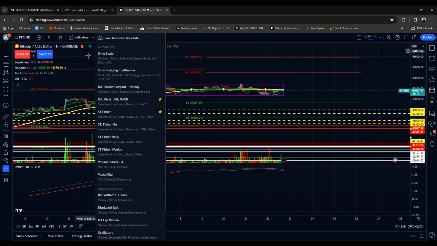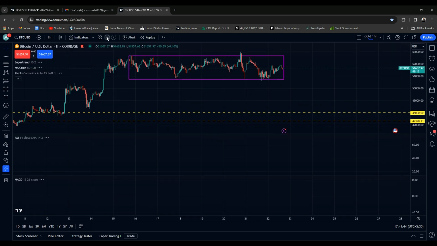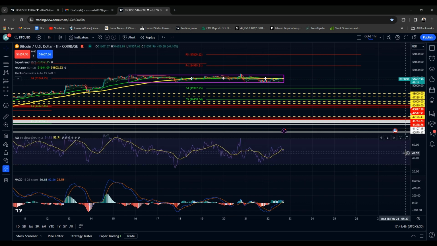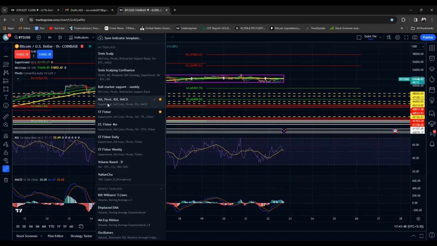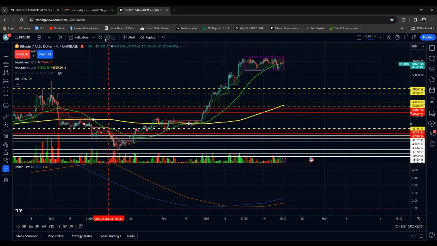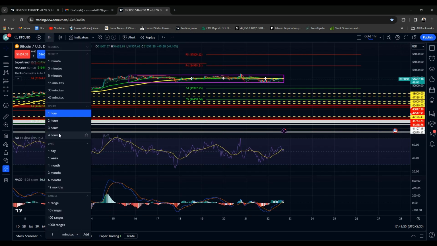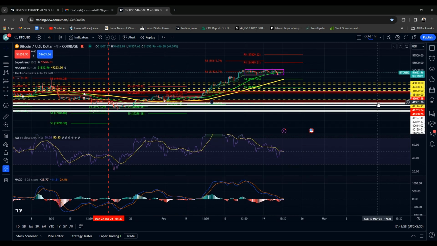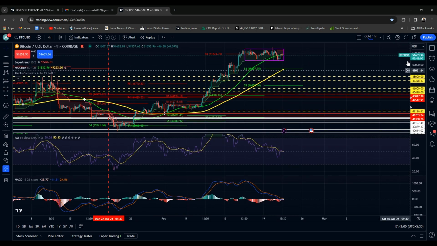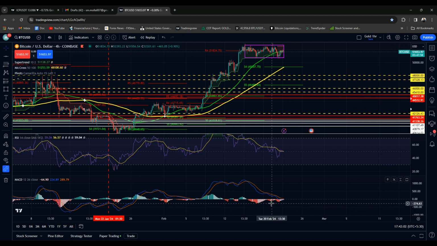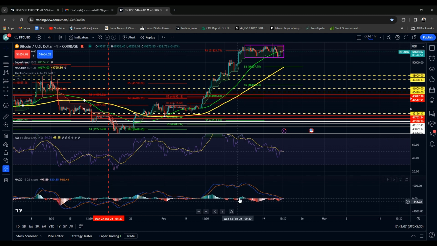So that's why we go to some other indicators, like the longer term RSIs and the moving average convergence divergence. This has been pretty bearish for the last week or so.